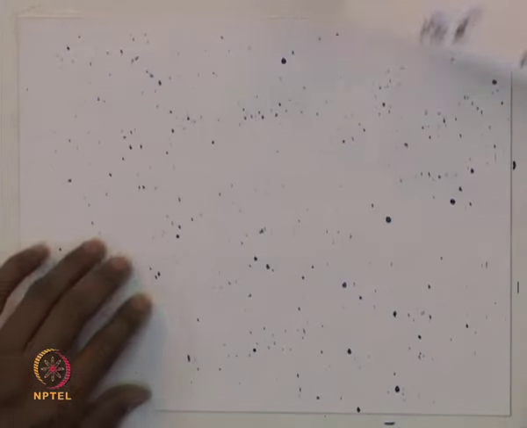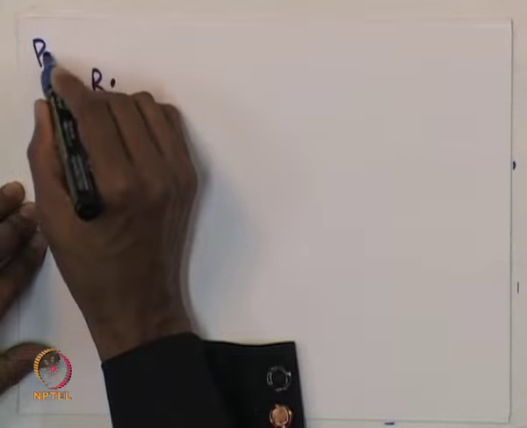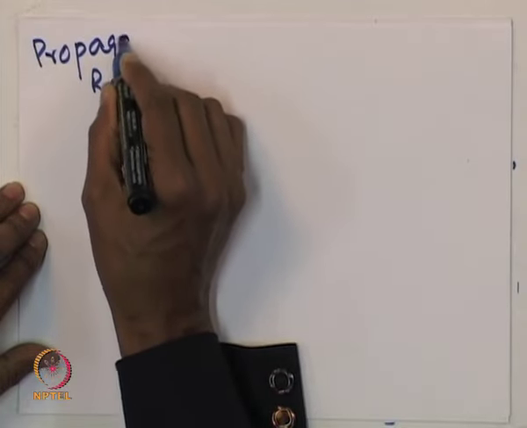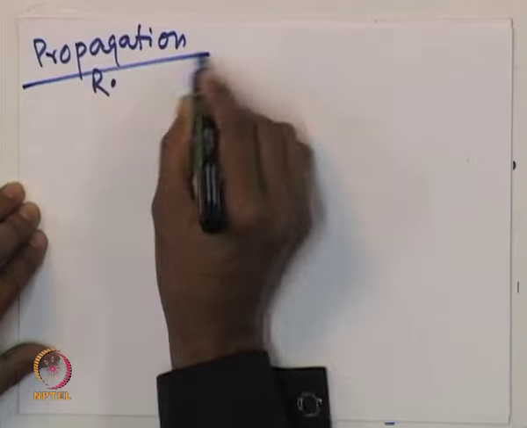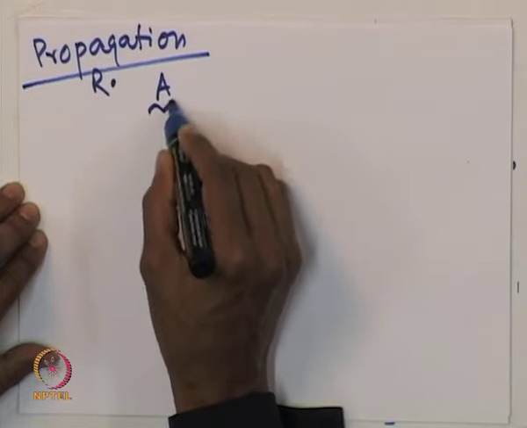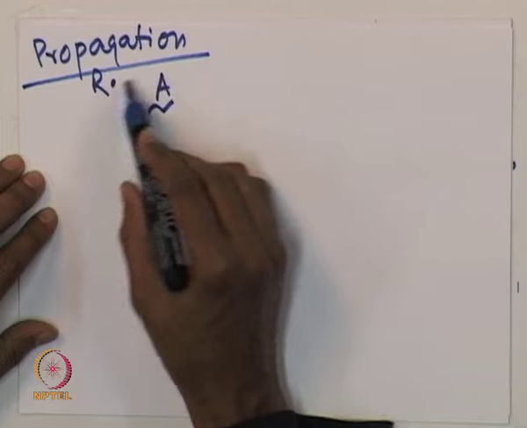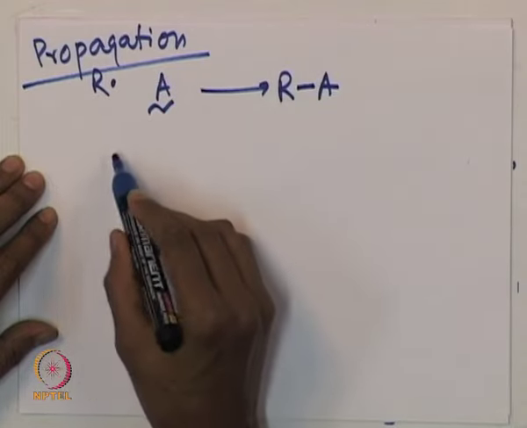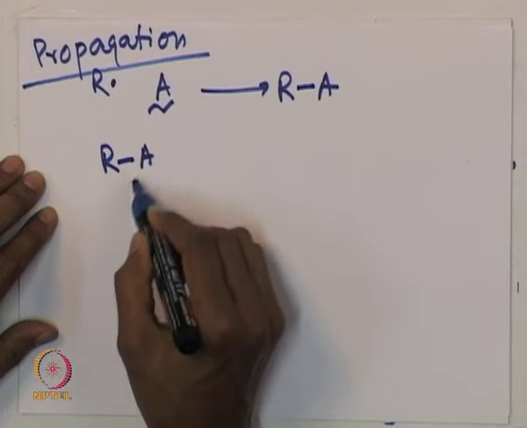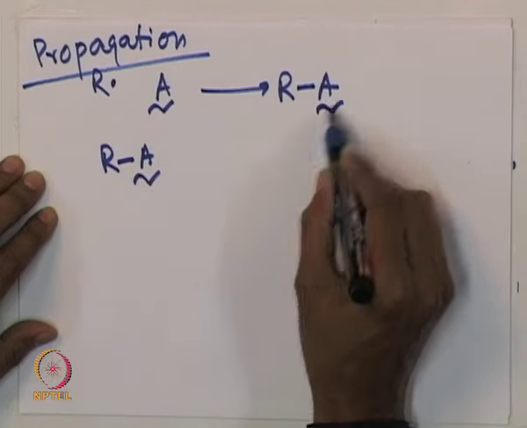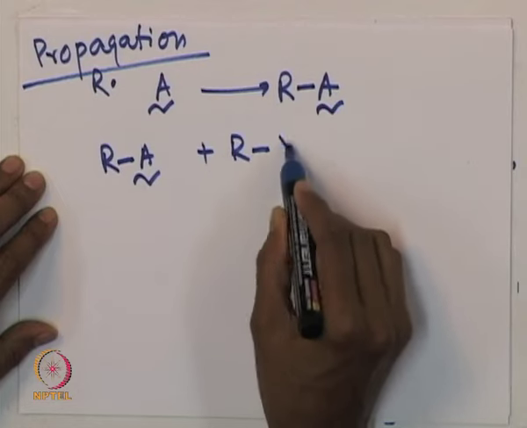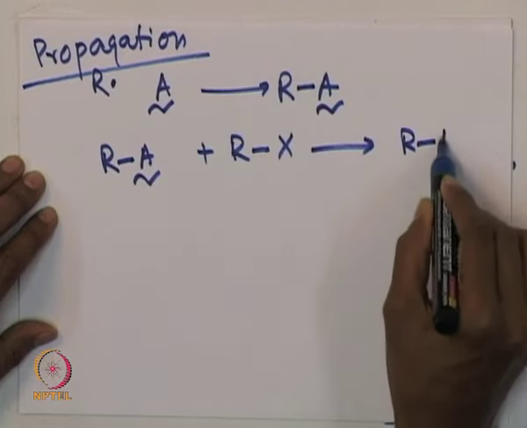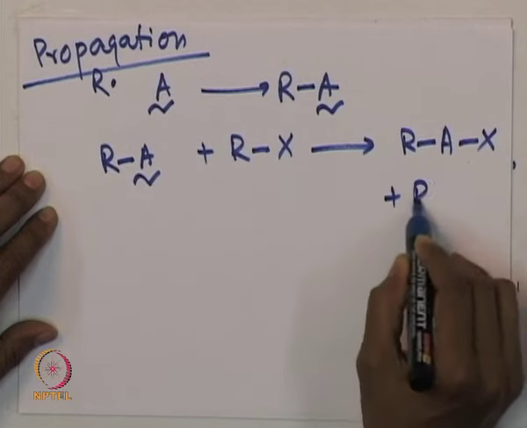Okay. The propagation for this reaction will involve the R dot. So, the propagation, let us say, R dot reacting with the initiator, okay, to give you RA. Now, RA plus RX will give you RAX species plus R dot.